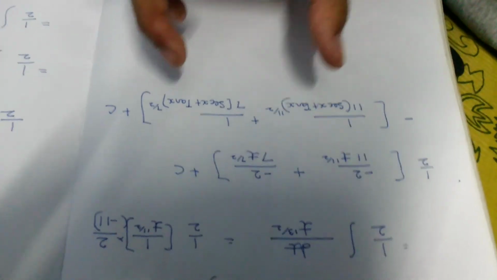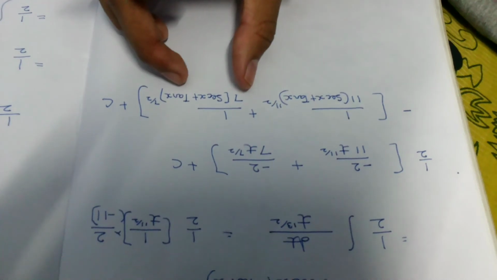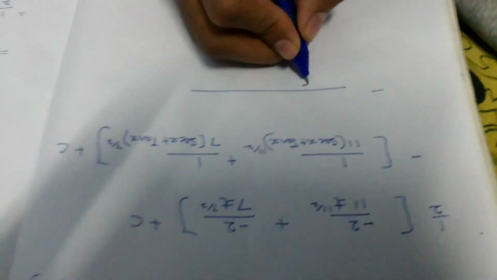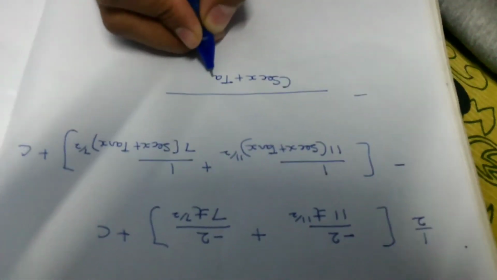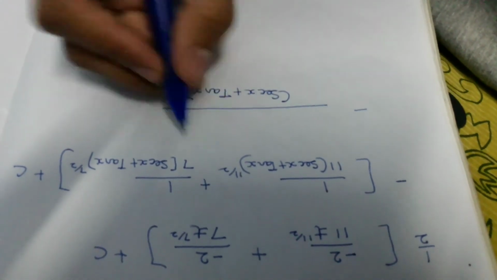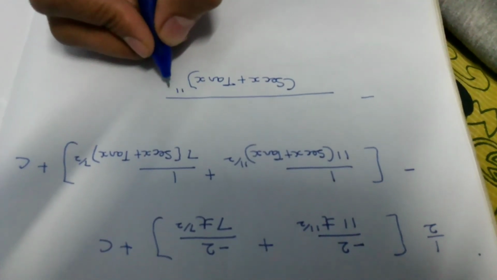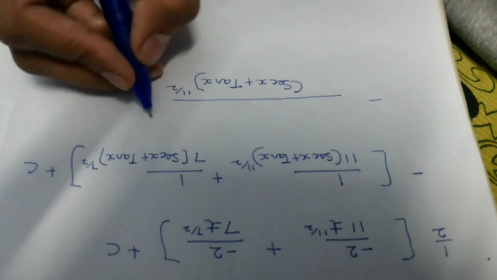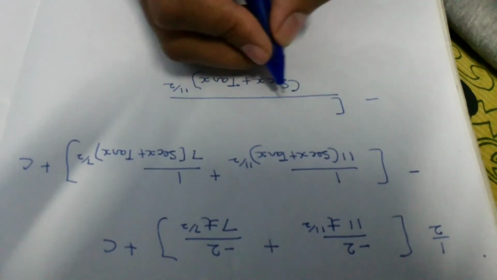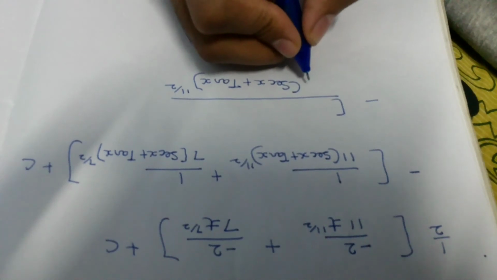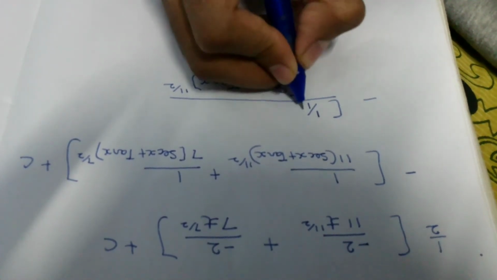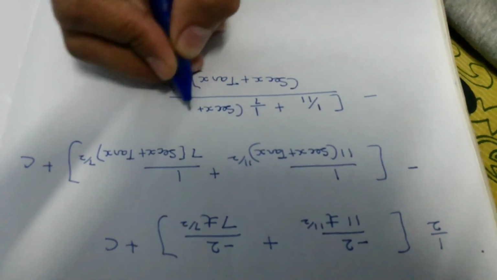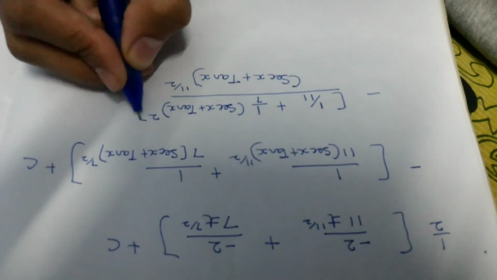So we have seen that we have solved this equation in the form of the function. Even if you want to simplify it further, you can write it as 1 upon (secant x plus tan x) whole raised to the bigger power, which is nothing but 11 by 2, into (1 by 11 plus 1 by 7 times (secant x plus tan x) whole square) plus c.